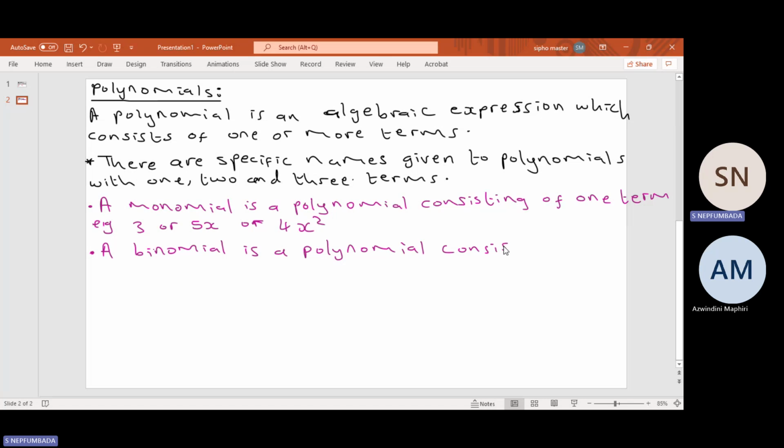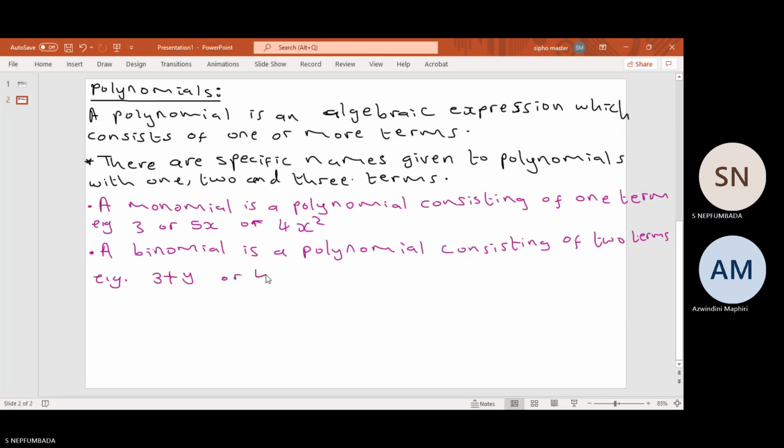For example, 3 plus y or 4x minus 2. How good. Yes.